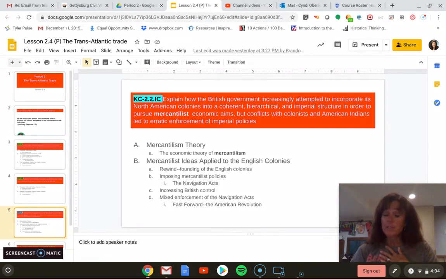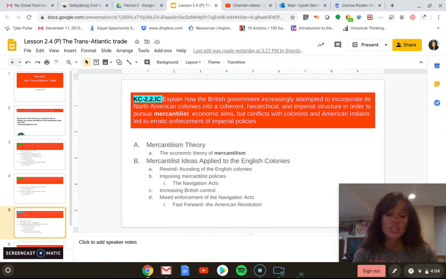You couldn't buy from the Spanish. You couldn't buy from the Dutch. You had to buy from the British. So this was increasing control. The Navigation Acts effectively cut off colonial trade with all other nations, which reduces colonial profits. However, it increases British profits, which is the whole purpose of mercantilism.